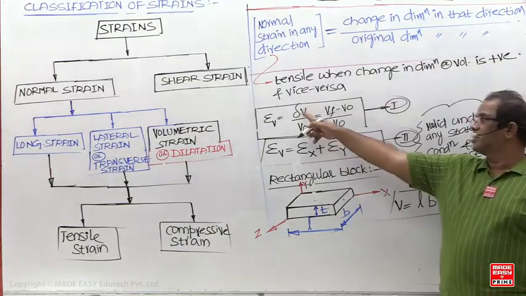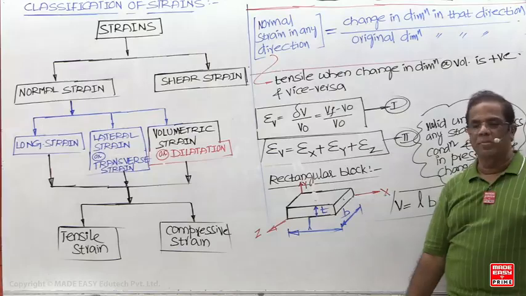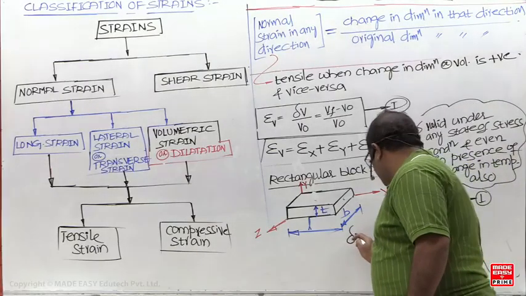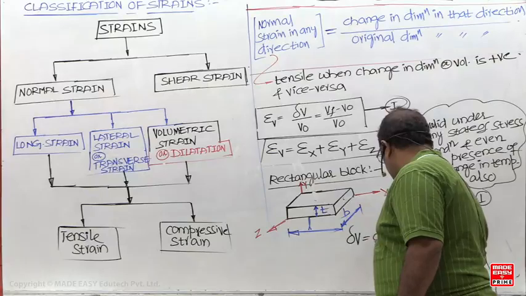How to get the change in volume to initial volume? Now do the partial differentiation of this equation.